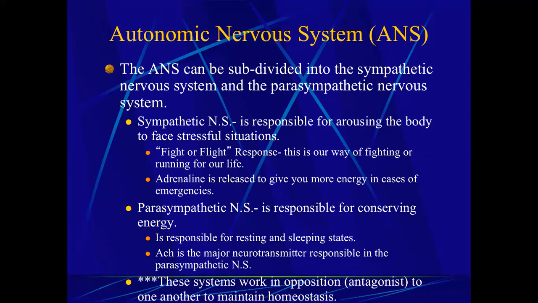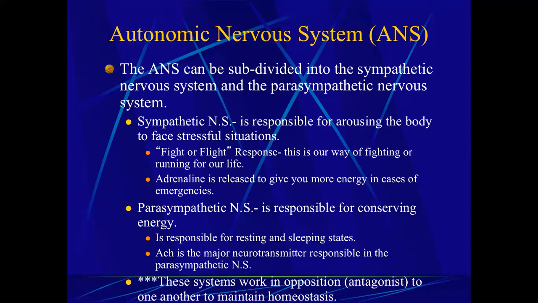Generally speaking, one is in control and one is subservient. When you're in a threatening situation, the sympathetic nervous system takes over and the parasympathetic shuts off. When you're in a non-threatening situation, the parasympathetic takes over and the sympathetic shuts off.